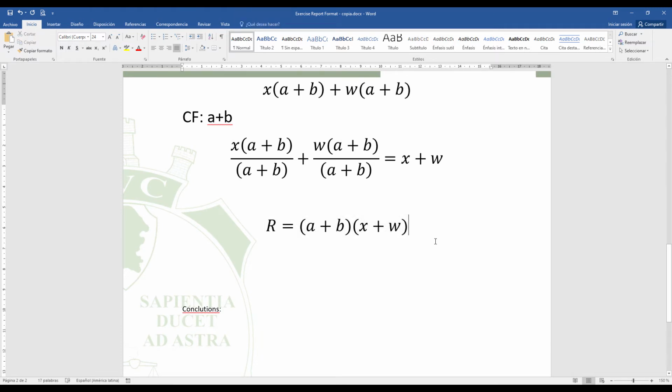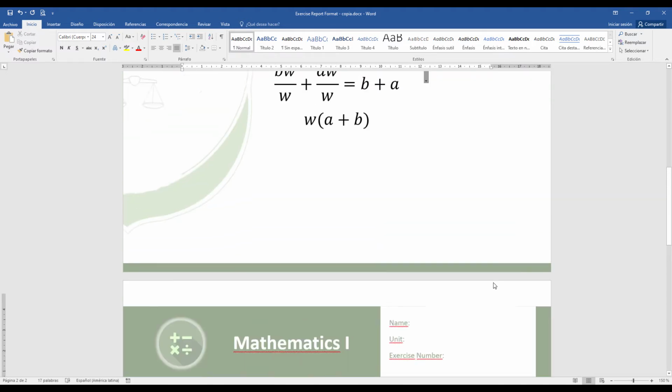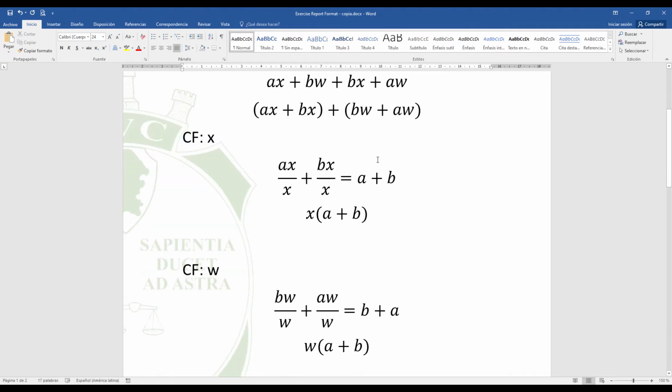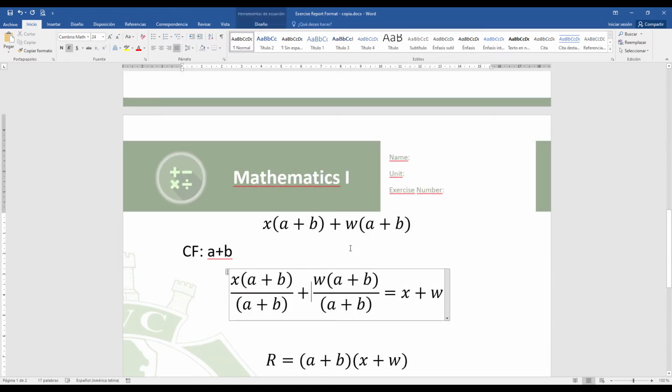So in that kind of exercises you will apply the same rules, but you need to factorize every group, join the result, and factorize again.